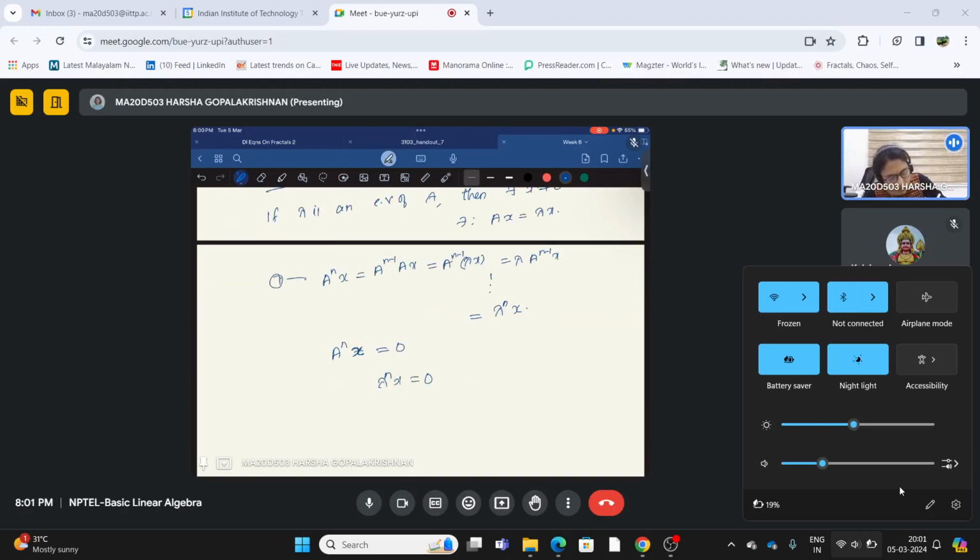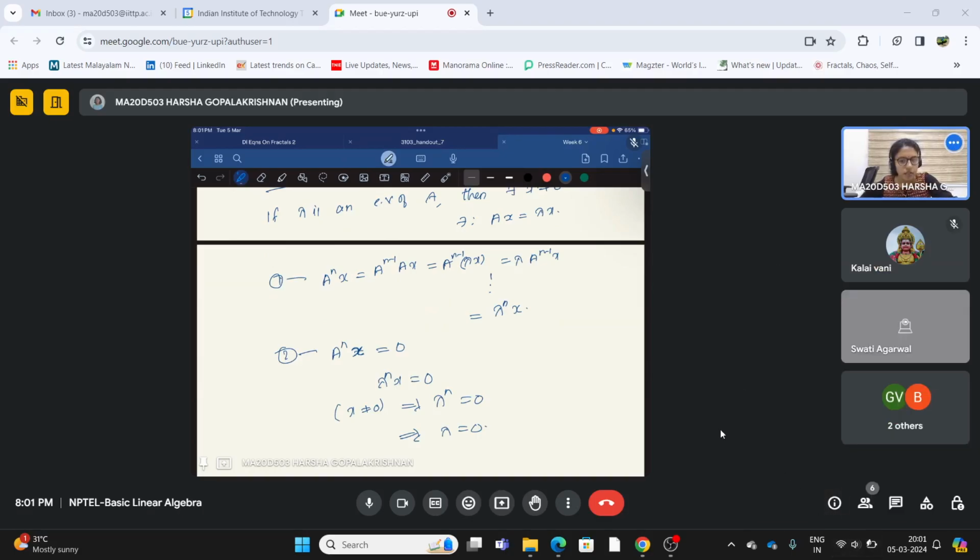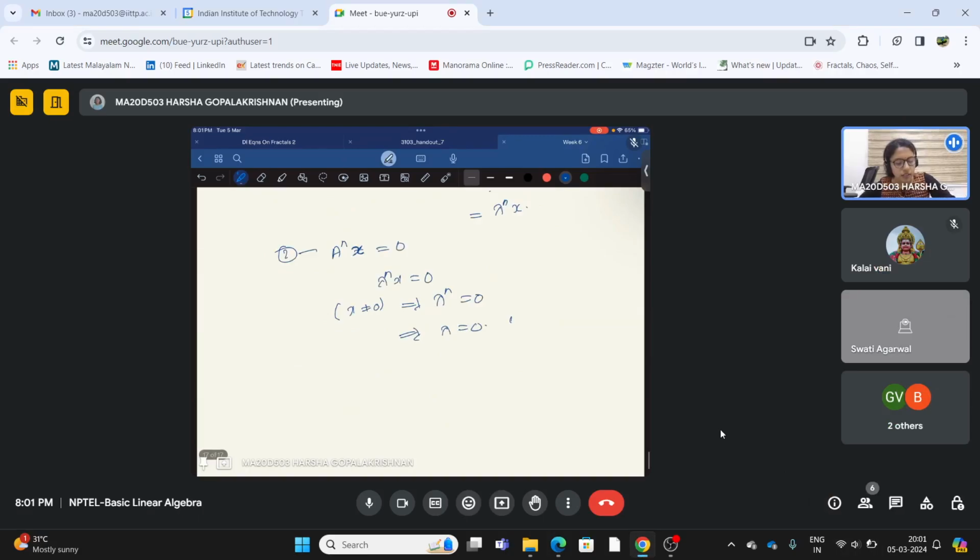So from these two equations, and x not 0, lambda power n should be equal to 0. That implies lambda is 0. That means if any eigenvalue we are starting with is lambda, that lambda should be equal to 0. So lambda equal to 0 is the only possible eigenvalue.